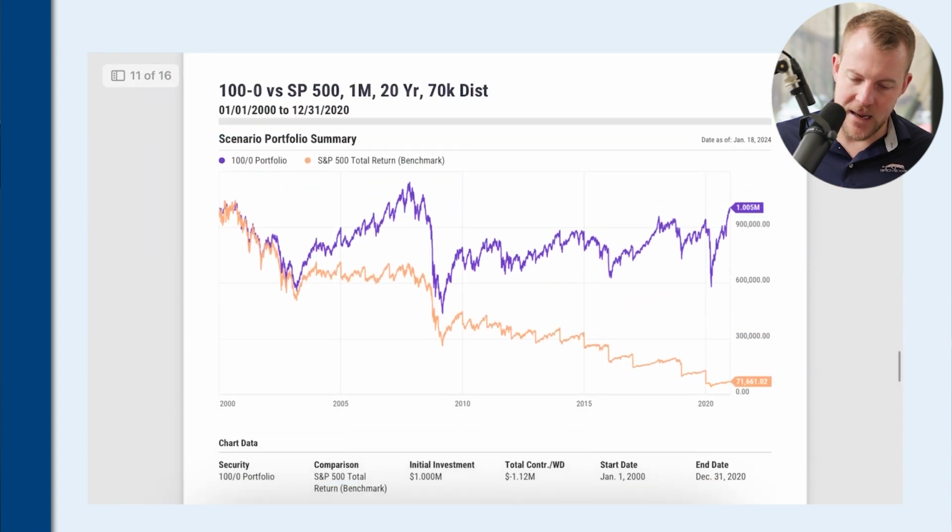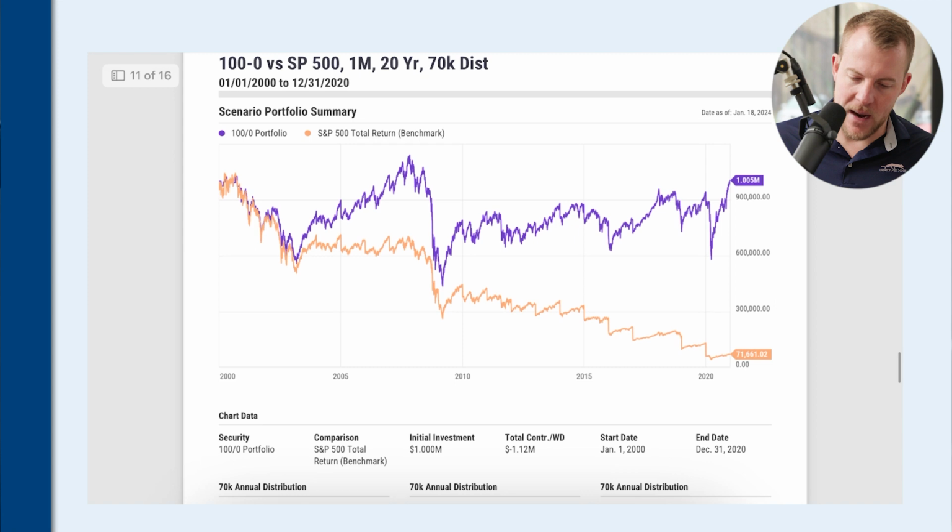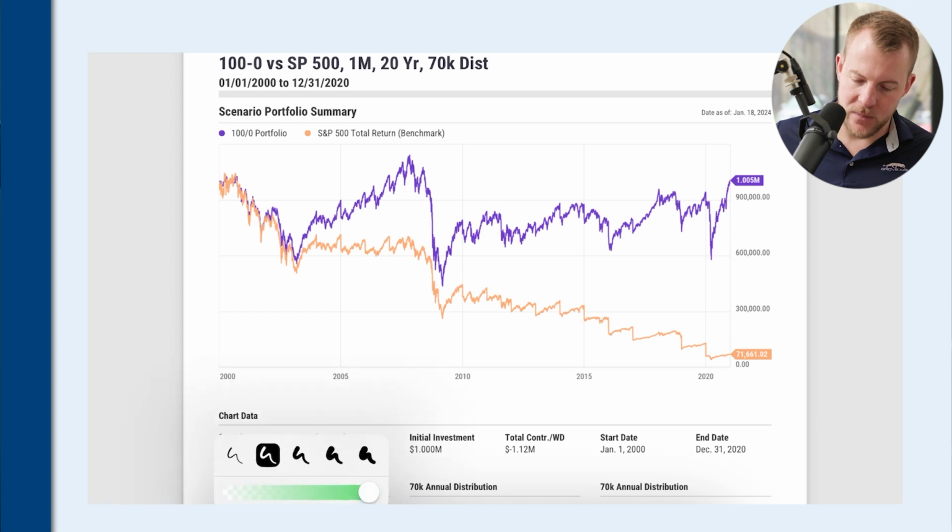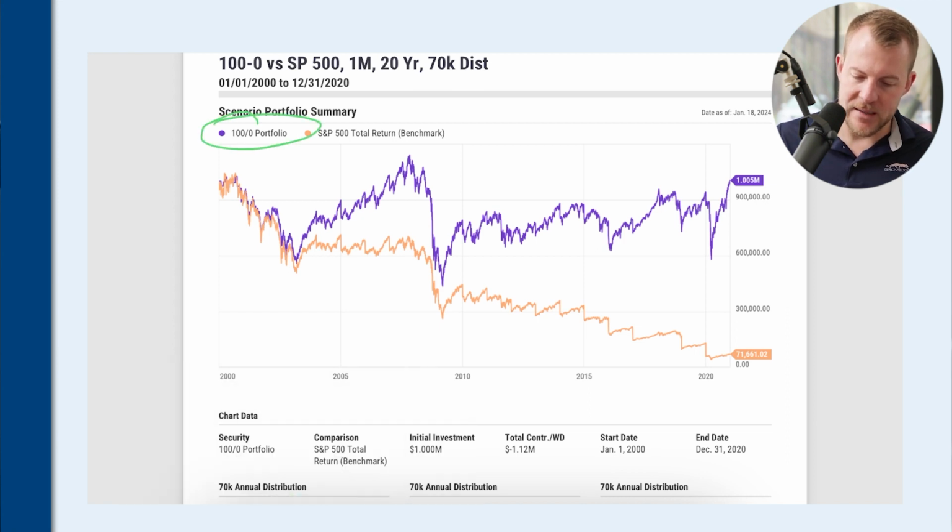And so if that's the actual goal, let's look back at some distributions. Let's look at the same exact data, so let's go back to 2000 through 2020. And here we're going to include some distributions. What we're doing is taking $70,000 a year out of our $1 million every year except when there's a negative year, and then we're doing the same thing with the S&P 500.